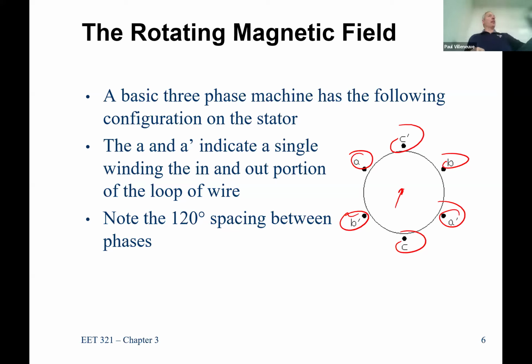Obviously, you have to have an out and back because it has to be a continuous circuit for current, right? So A is assuming going in, and A prime is going out. B is going in, B prime is coming out, and C, it's going in, and C prime is going out.